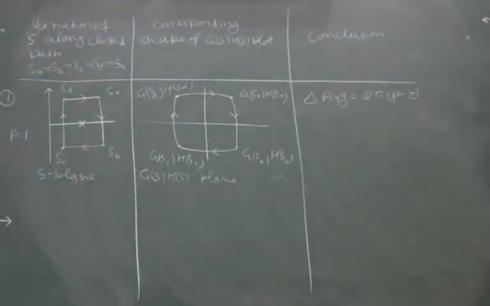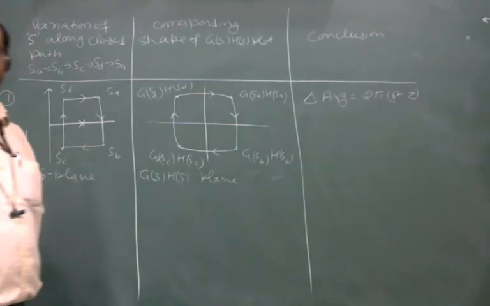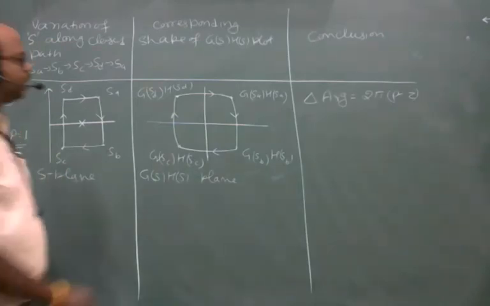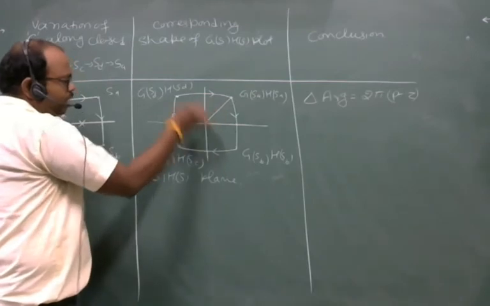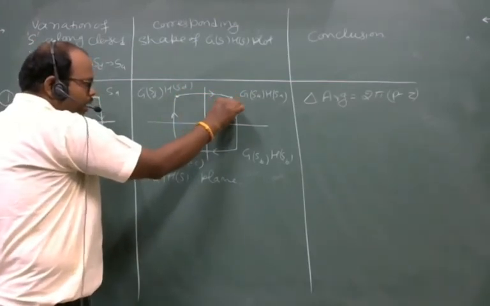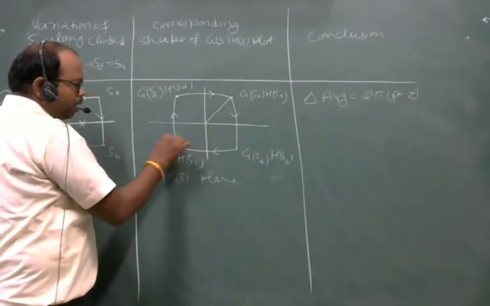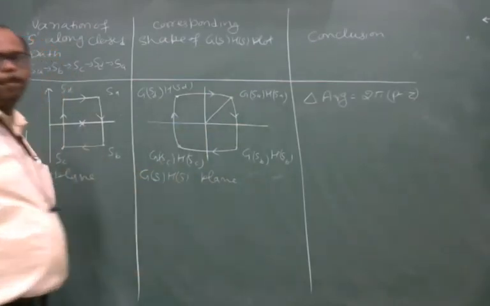Change in argument equals 2 pi (P minus Z). Here we have P equal to 1, and from this plot we see the change in argument. If I draw this vector, it moves from here and comes to this point only.